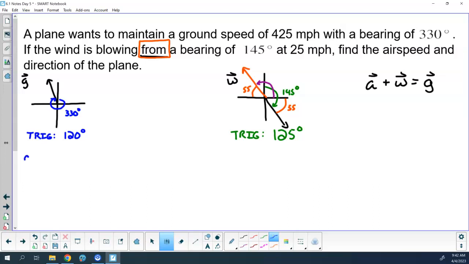So this is going to be G, and G is going to be 425 cosine 120. Oops, I put 455.